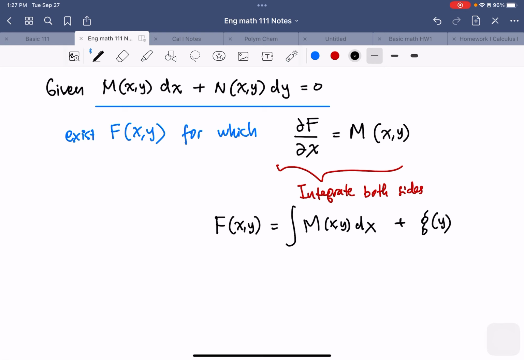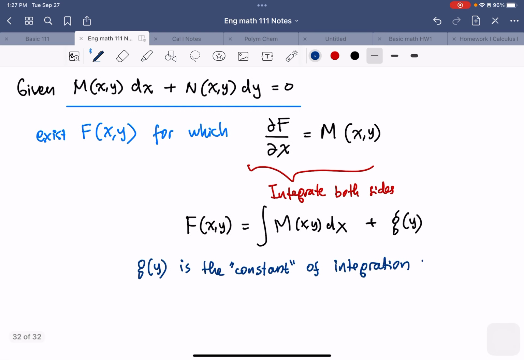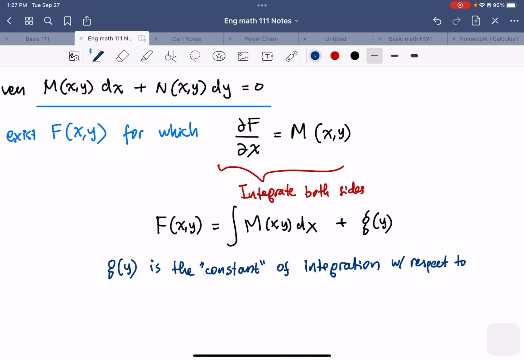So we can say that this g of y is the constant of integration with respect to dx.